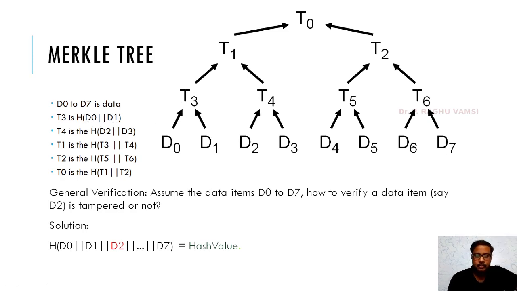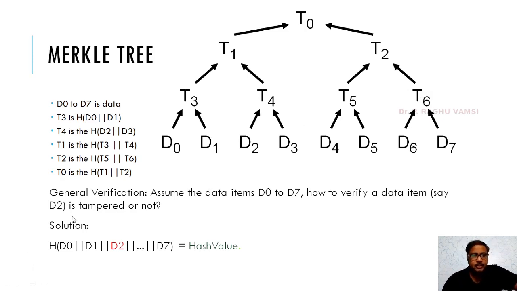Like that, T4 is the hash of D2 and D3. If you add D2 and D3 and perform the hash on this, that is T4. Like that, the hash of D4 and D5 is T5. The hash of D6 and D7 is T6.